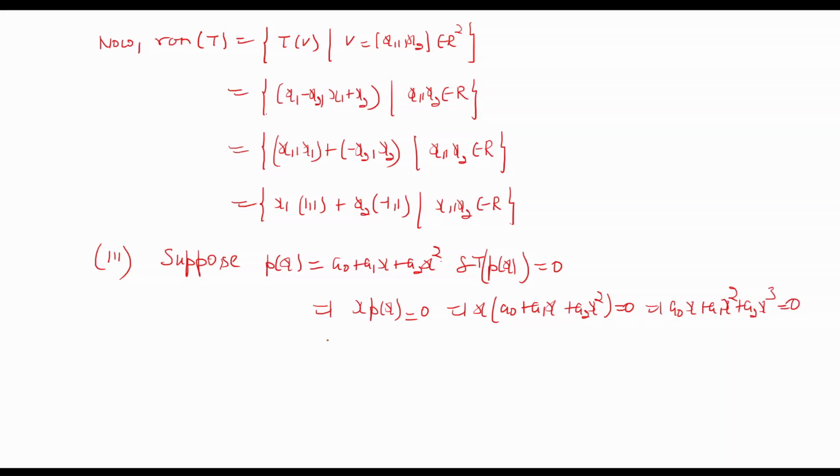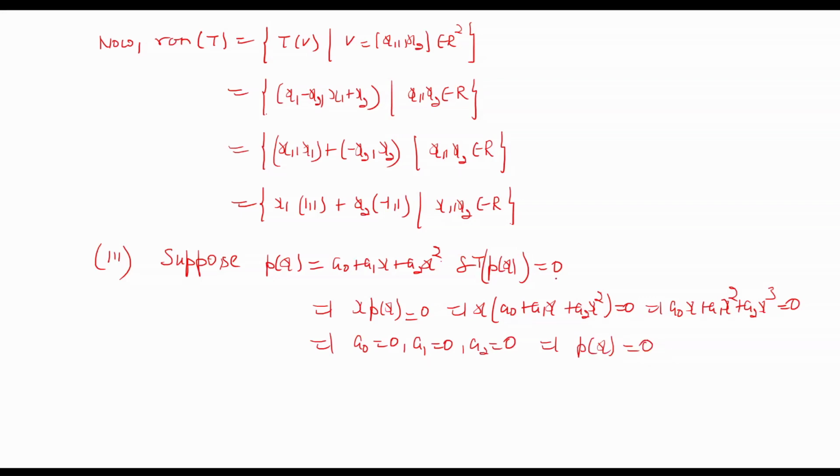If this polynomial is equal to 0, then each coefficient should be equal to 0. So this implies p of x is the zero polynomial.